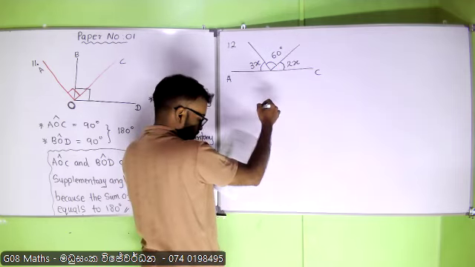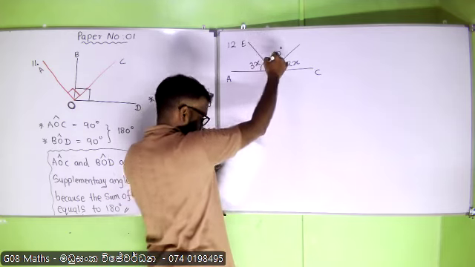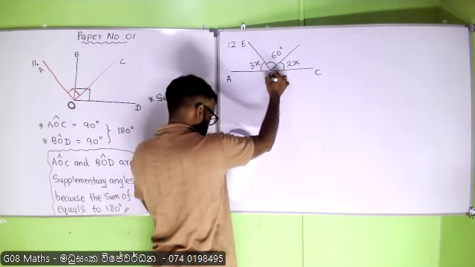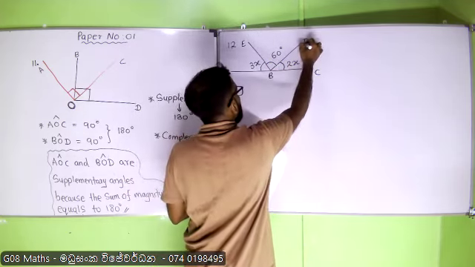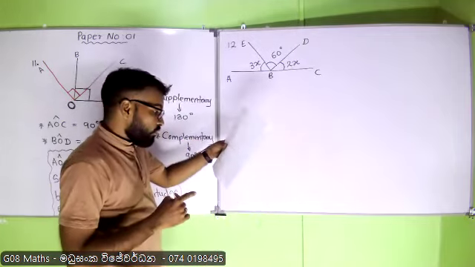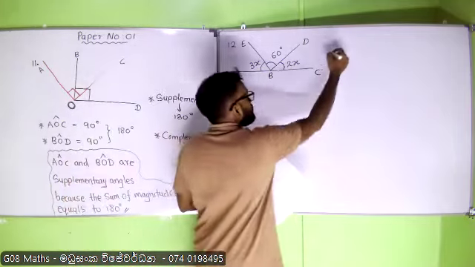So now this is E, this is B, and this is D. They are asking you to find the value of ABE.